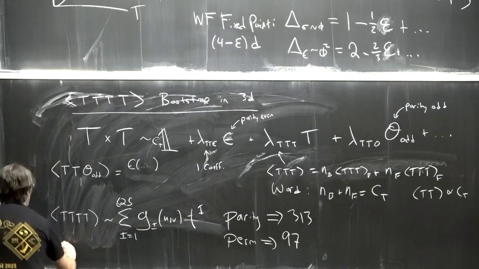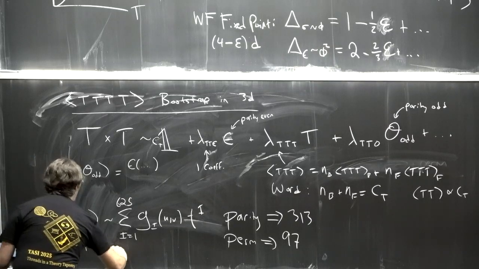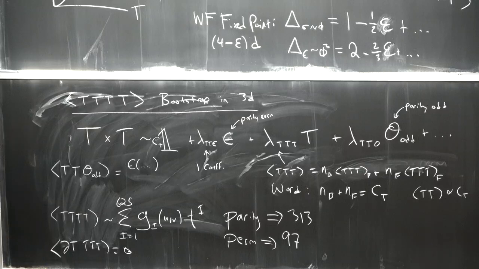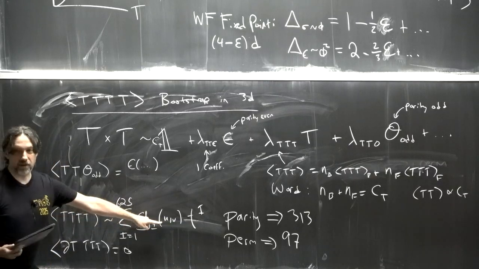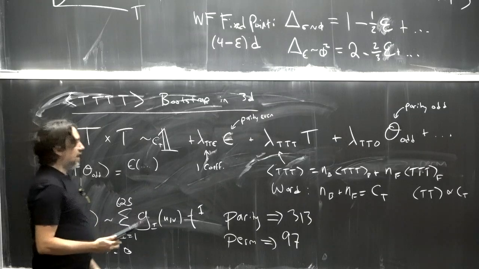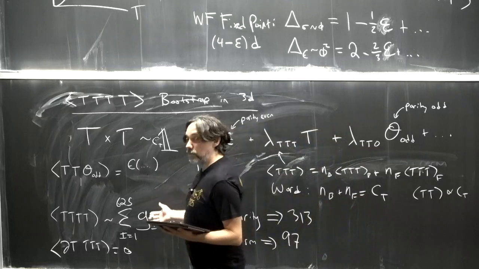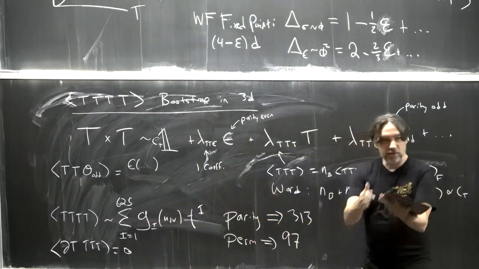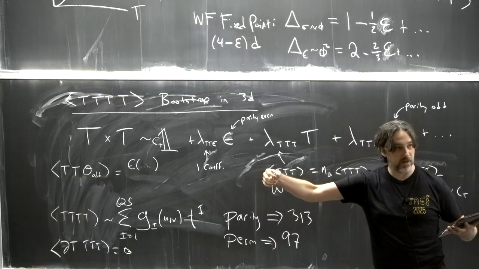You write down the conditions where the divergence of T equals 0 in the 4-point function. That gives you some differential equation relating these different functions to each other. Okay? You analyze those differential equations, and you see that actually not all these functions are independent from each other. If I know some smaller number of them, then I can reconstruct the rest by solving this differential equation.